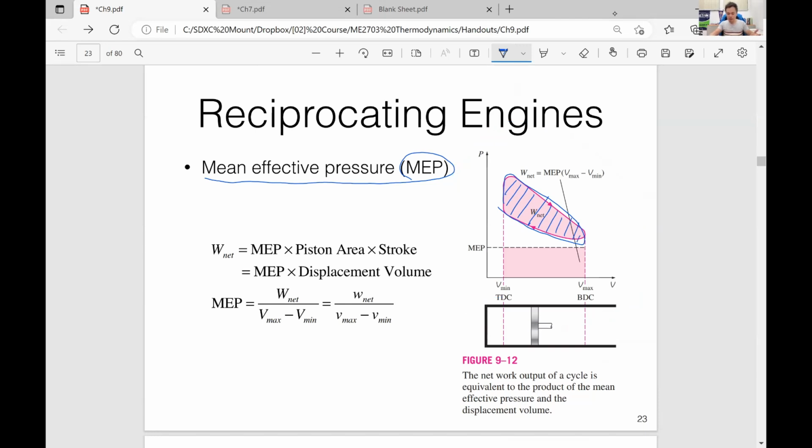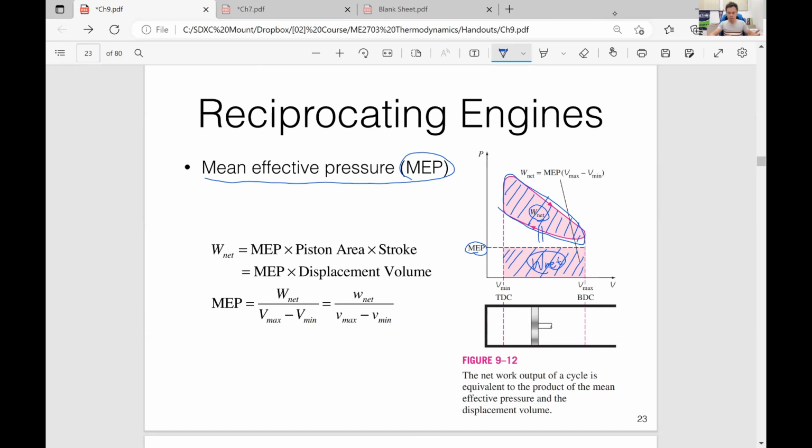So we define a so-called MEP so that this area is also the net work. These two areas are the same.